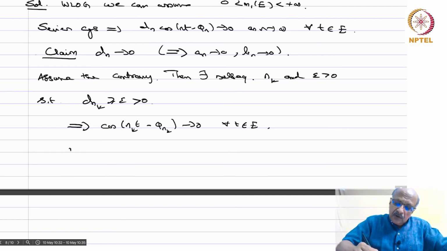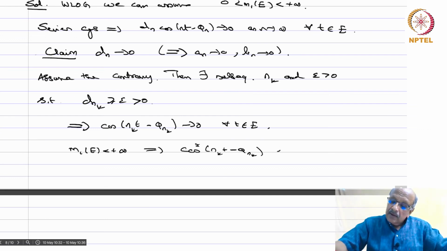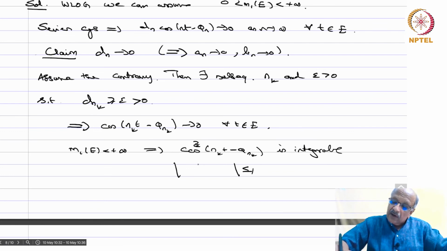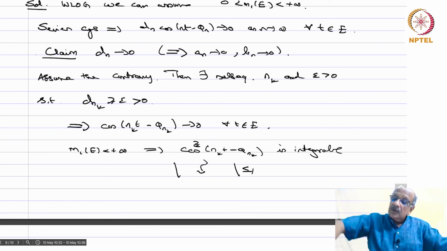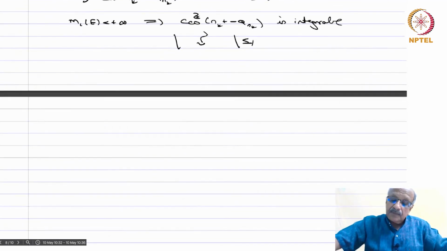So measure of E is less than infinity, and cos squared(nk t minus phi nk) is integrable. The modulus of this is less than or equal to 1 and therefore this is integrable.